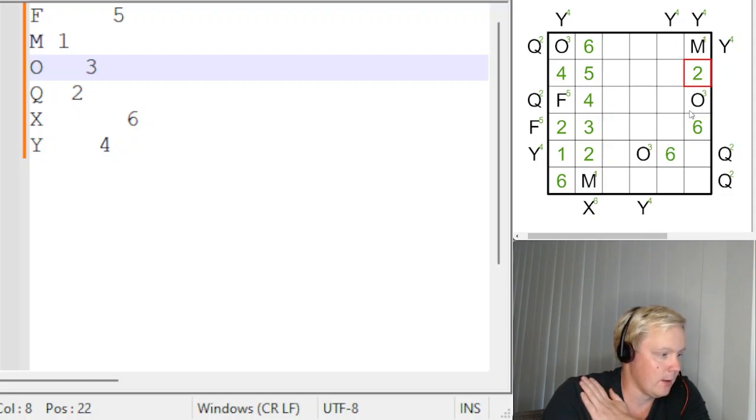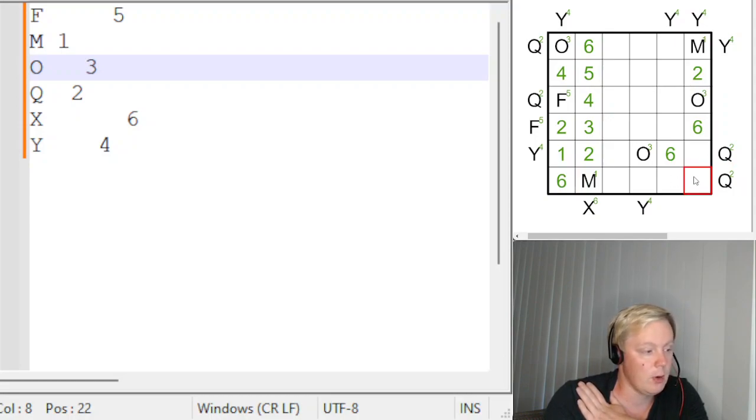Then what about these? We still need 4 and 5. Okay, yeah, this must be 5, because look, the 6 is the last number here from this direction.